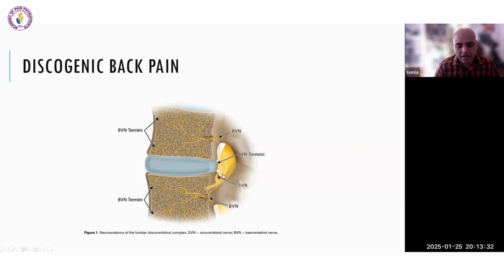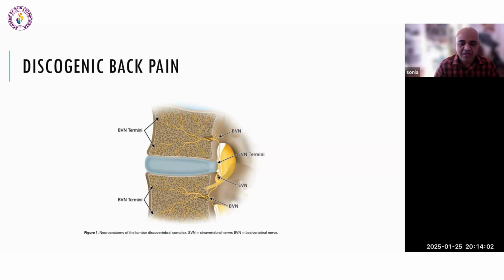So the sinuvertebral nerve is usually the nerve innervation of the posterior part of the disc and the periosteum of the vertebral body. It carries both nociceptive as well as proprioceptive feedback from the posterior part of the disc and vertebral body. But when it branches out to the basivertebral nerve, it enters the vertebral body through the vertebral foramen in the middle and posterior part of the vertebral body and can branch superior and inferior.